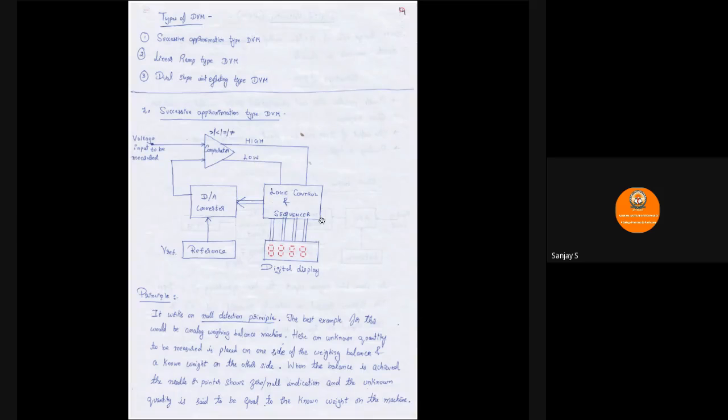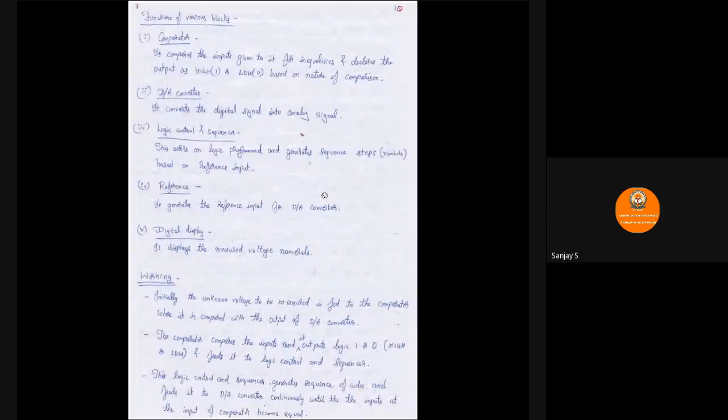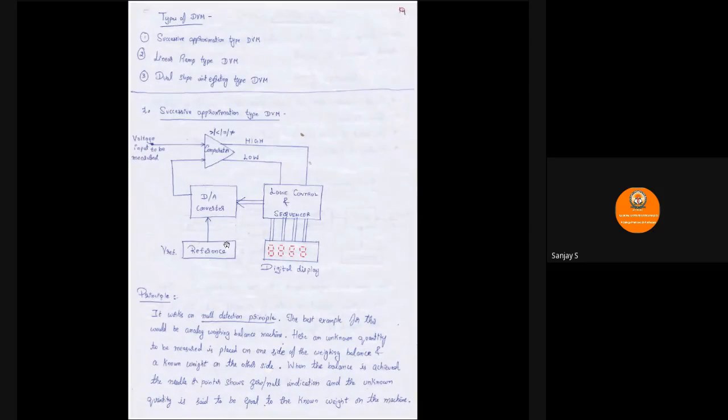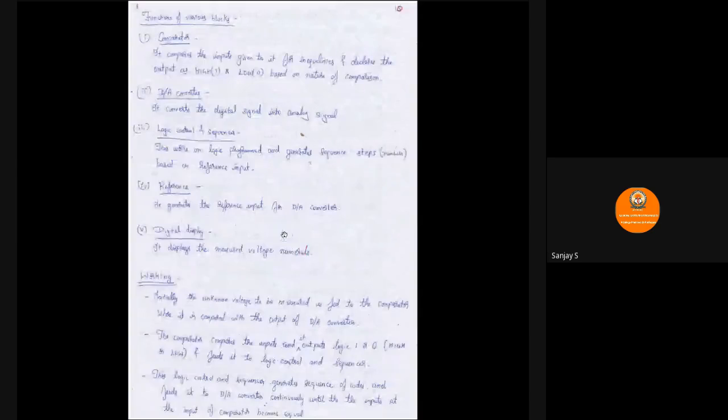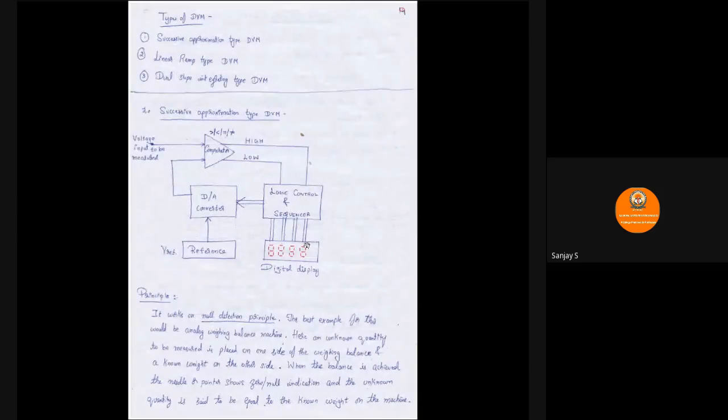You have the logic control and sequencer block, which, based on the logic programmed, generates a sequence of steps based on the reference input. The reference input for the D2A converter is generated by the reference block. D2A converts digital to analog. The display unit is a 7-segment display used for displaying the measured voltage.